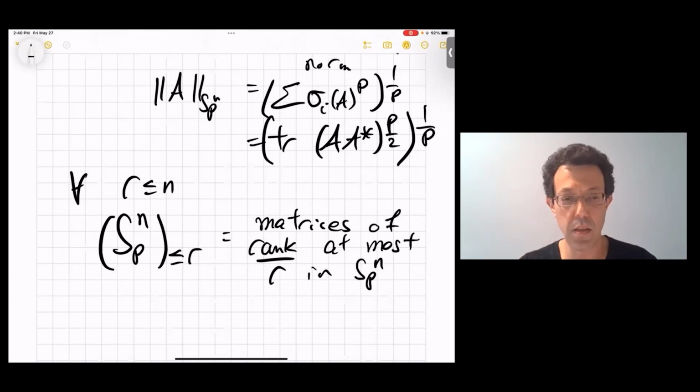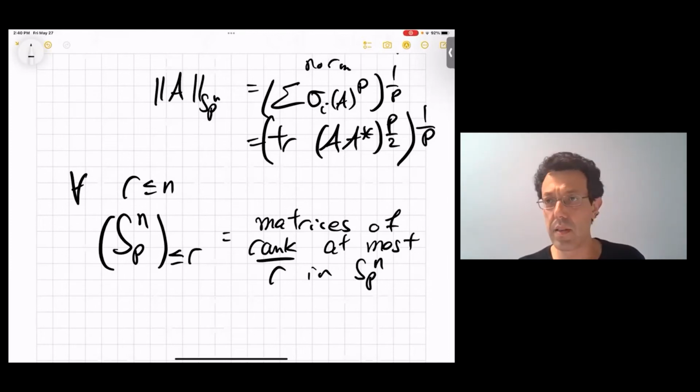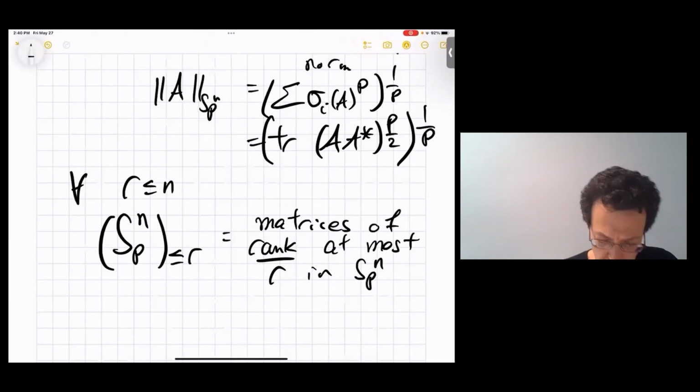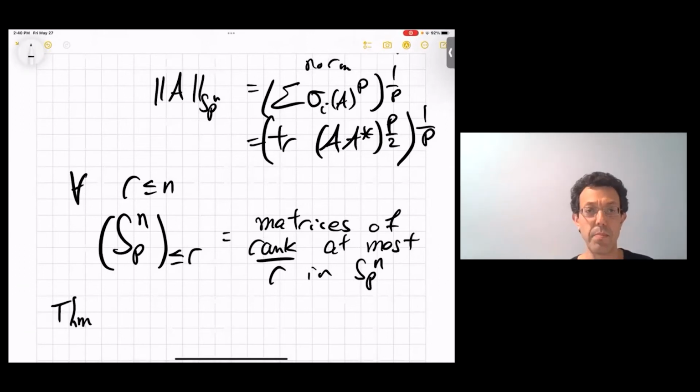So this is a natural object, and you can get a formula for this subset. So I'll tell you what it is in a second. The theorem you get from this is not from the theorem I stated above, because I did it for the whole space, but in the paper you can see how you deal with subsets as well.